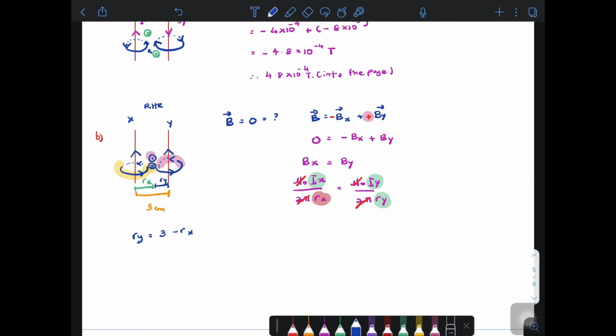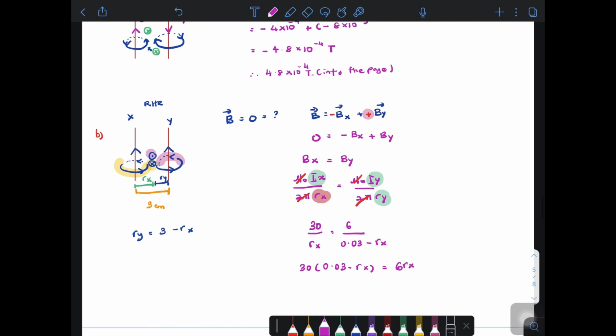Right, so kita substitute balik nilai. Ix kita ada which is 30 over Rx kita nak cari. Iy ialah 6 dan Ry ialah 0.03 minus Rx.